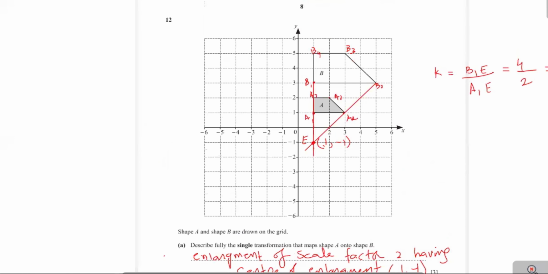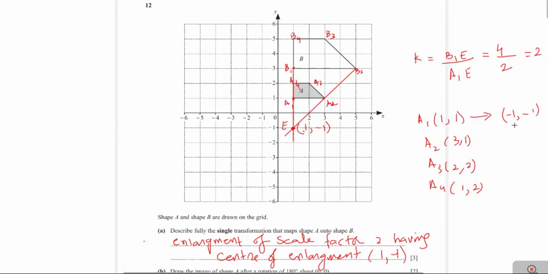Therefore, you see here we have to rotate it 180 degrees about (0, 0). The first point A1 is (1, 1), and A2 is (3, 1). A3 is (2, 2), and A4 is (4, 1). Now, with the 180 degree rotation, these points become (-1, -1), (-3, -1), (-2, -2), and (-1, -2).